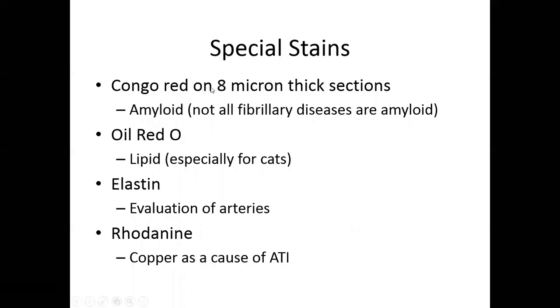So just a note, if you're doing a Congo red, please do it on an 8 micron section. For any organ, it should be at least 8 microns thick. Sometimes we do 10 microns, or some labs do 10 microns. Sometimes you can have amyloid, or you can have matrix that is Congo red negative, and then when we do EM, it's still making fibrils. Most of the time, those fibrils are too thick. They have too thick of a diameter to actually be amyloid.